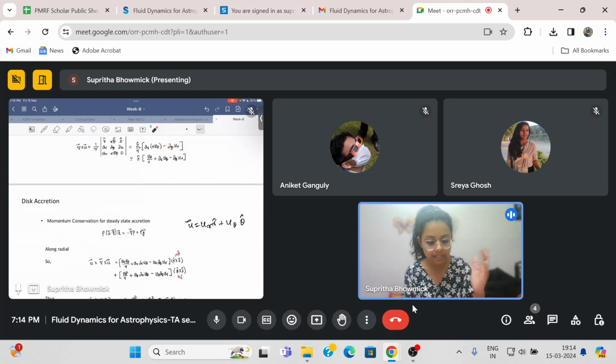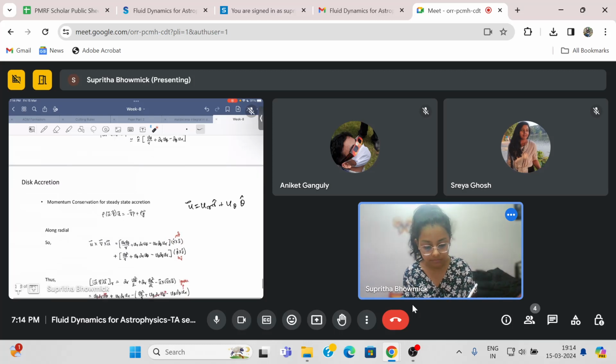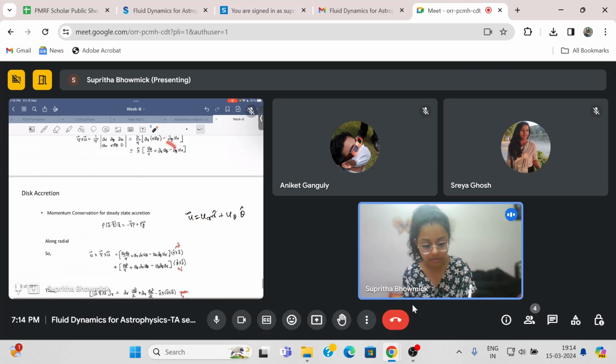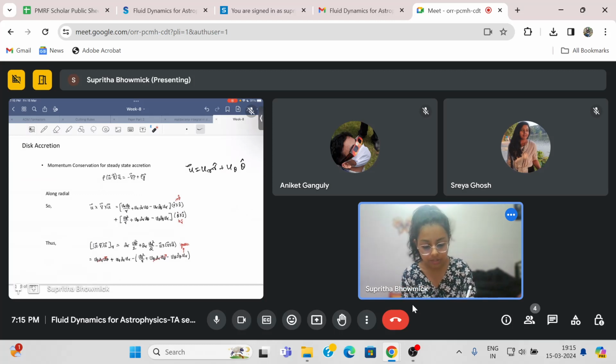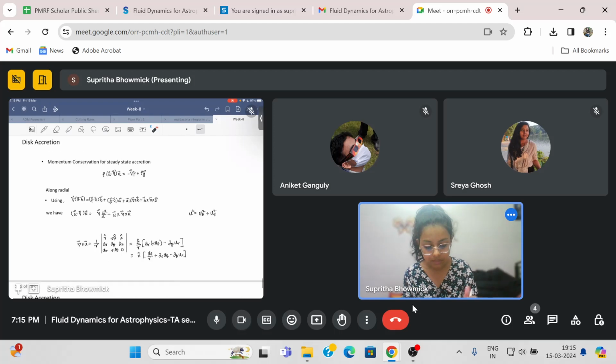Which is a minus theta cap. And you multiply UR with this to get this. Similarly, you multiply U theta with this and you take theta cross Z cap to get an R cap. Okay. So this is U cross curl of U. So you have found this.